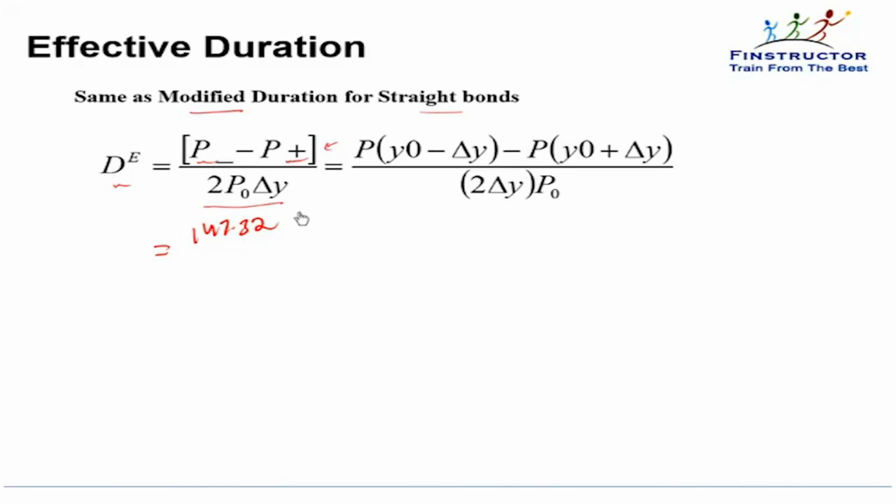When yields went up by 5%, what did the price of the bond become? 70.55 approximately, divided by 2 into the original price of the bond, which was 100, and the change in the yield was 5%. 5% can be written as 0.05. So let's calculate.